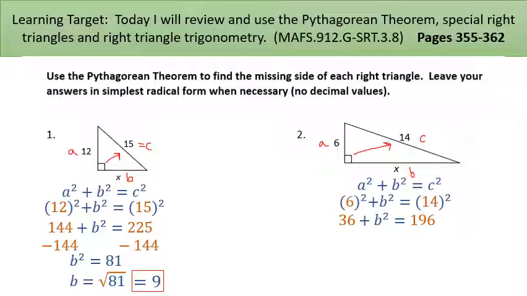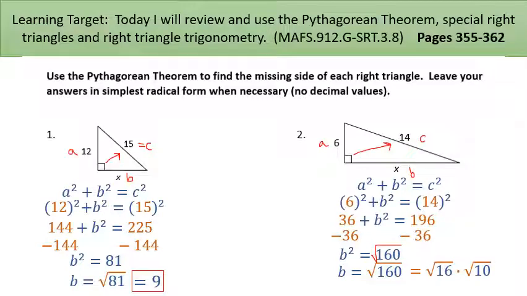All right, now we're going to try to get b squared by itself. So we subtract 36 from both sides. B squared equals 160. Okay, remember that's not b, that's b squared. So what do we have to do? We have to take the square root of 160.